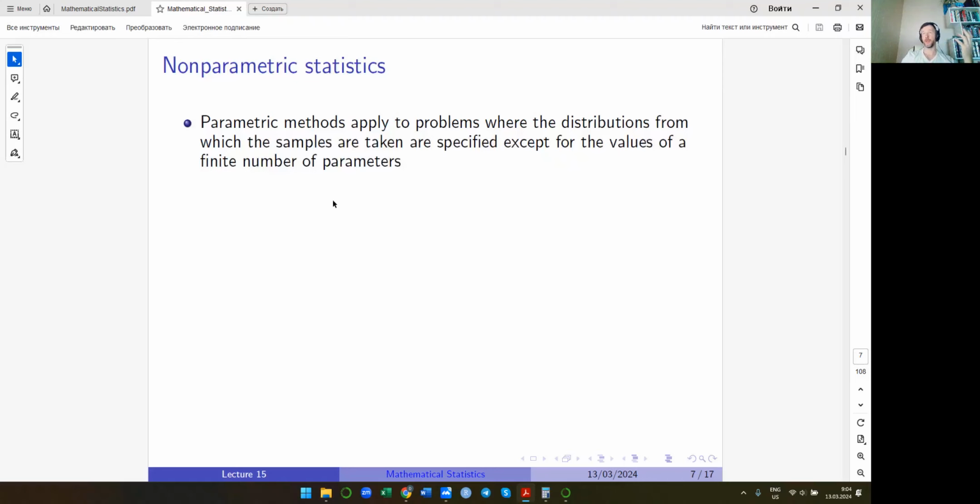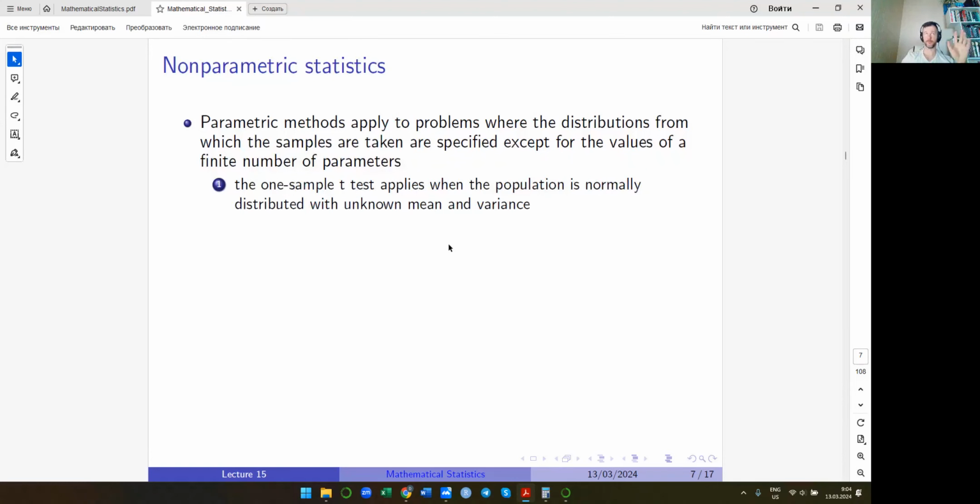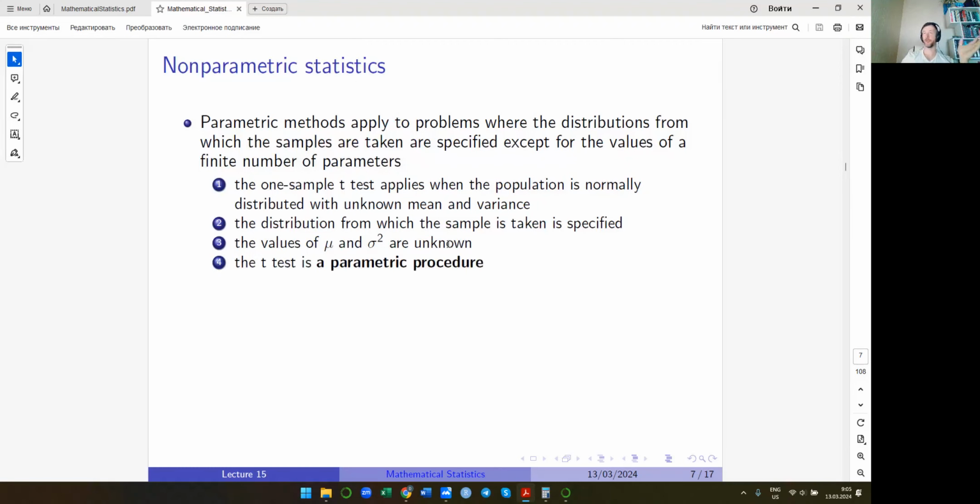And we said that we don't know the values of the parameters of this distribution. For the normal distribution, we don't know what mu is, what sigma is. Everything that works in this way is called parametric statistics. For example, in the one-sample t-test, the population is assumed to be normally distributed, and we don't know the mean and variance. So we specify the distribution from which the sample is taken, and the values of mu and sigma squared are not known. So this is the parametric procedure.